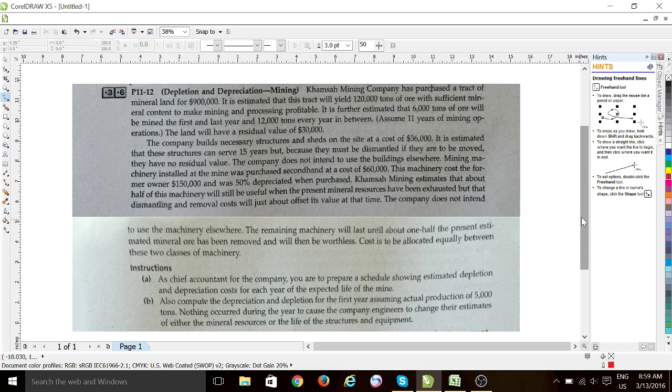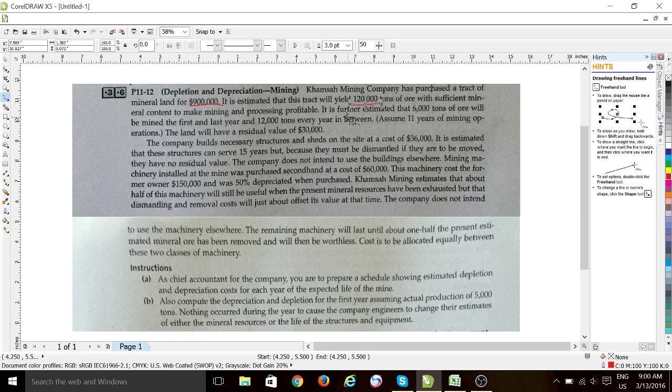So, okay, let's begin with the first paragraph of the problem. Kamsa Mining Company has purchased a tract of mineral land for 900,000. It estimated that this tract will yield 120,000 tons of ore with sufficient mineral content to make mining and processing profitable.